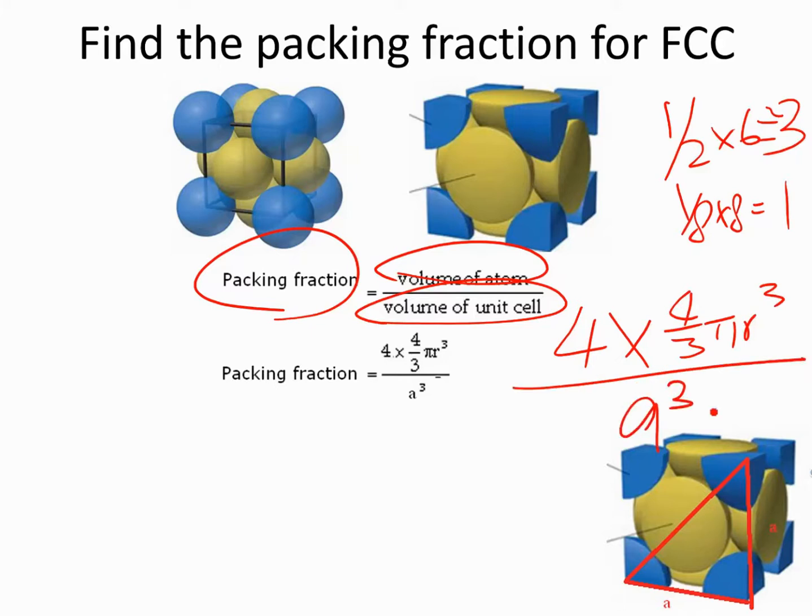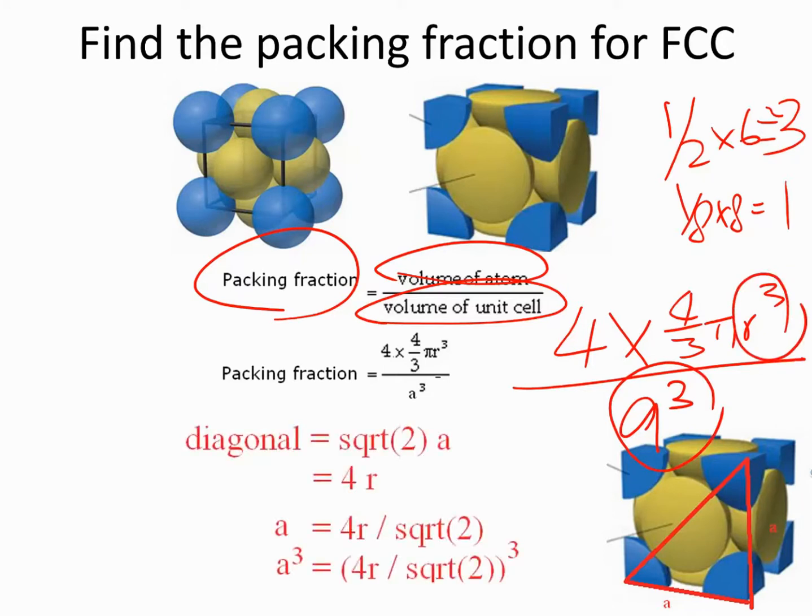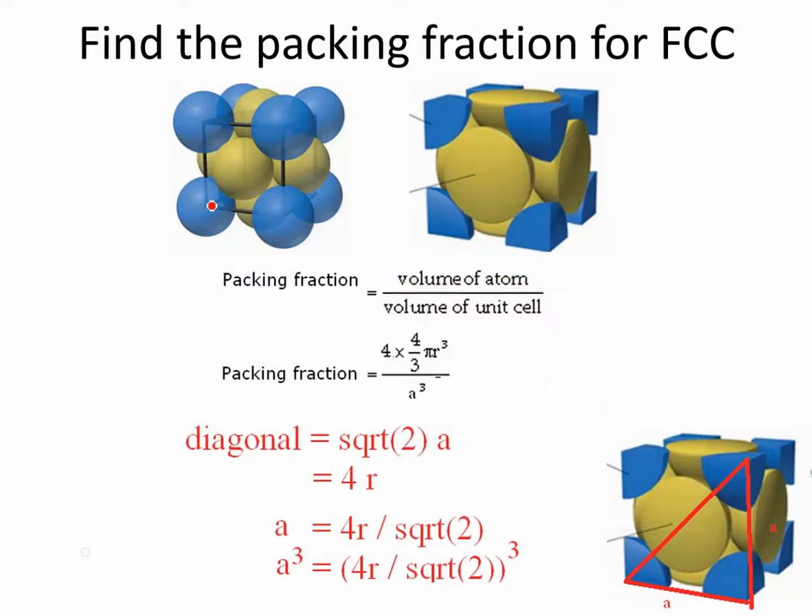Okay, we want to find the relationship between A and R so that we can solve this equation. So how to solve this? It's very simple. We cannot say that this is A and then A equals 2R because there is empty space here. However, we can make use of this diagonal. Okay, you can see that there's no empty space here, right?